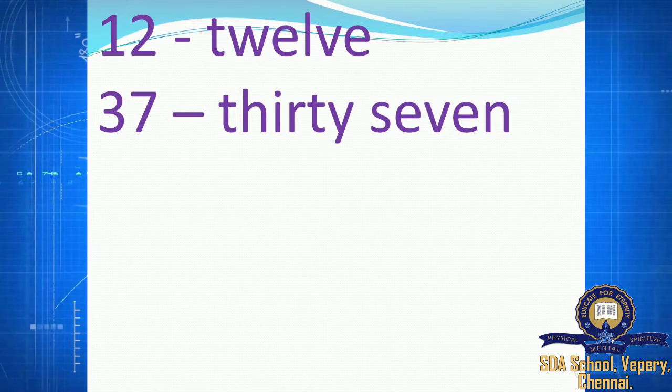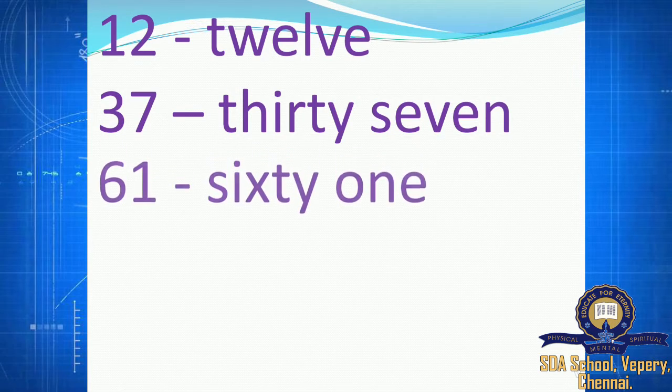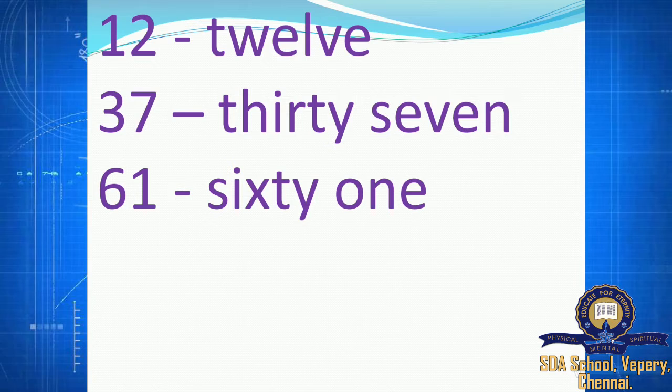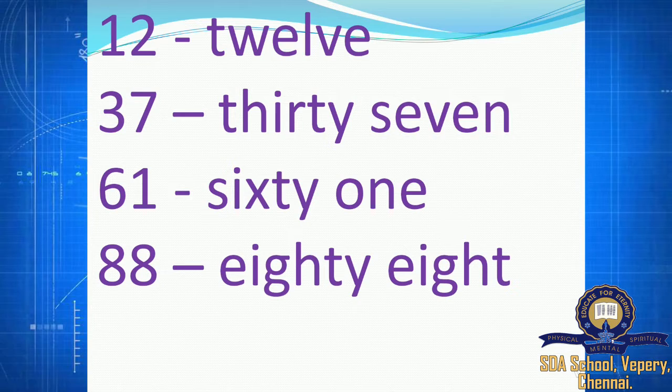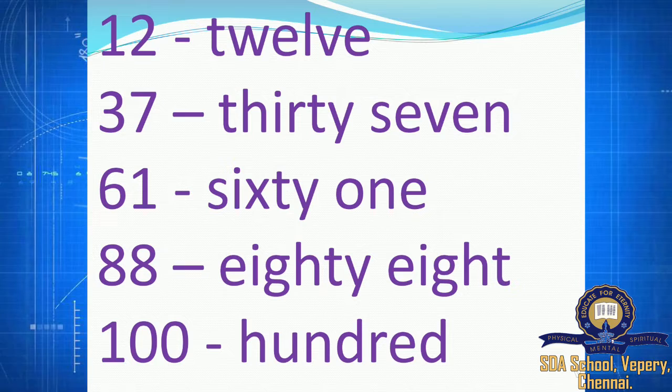The spelling for 37 is THIRTY-SEVEN. The spelling for 61 is SIXTY-ONE. The spelling for 88 is EIGHTY-EIGHT, and the last spelling is 100, HUNDRED.